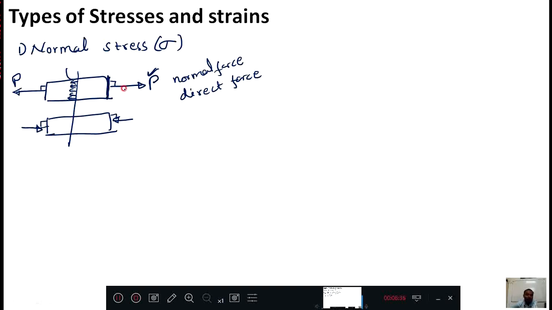Then when we apply such a force, elongation will take place. Elongation also comes lengthwise, in the direction of the force applied. This length change we take as change in length divided by original length. If I do that, I will get a strain. That strain is called normal strain.